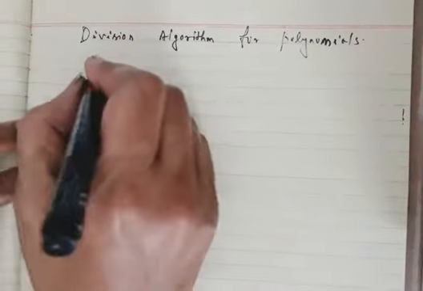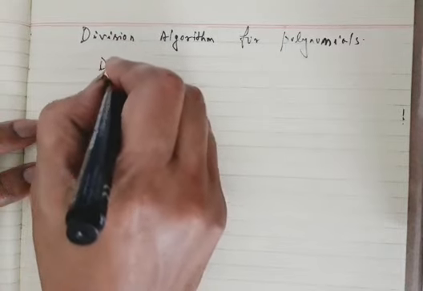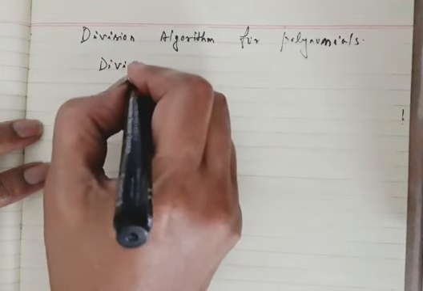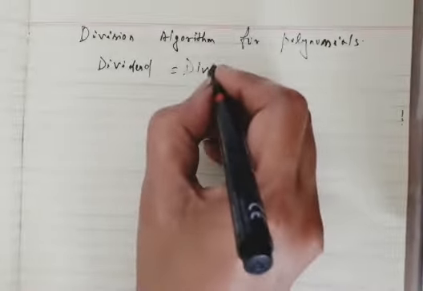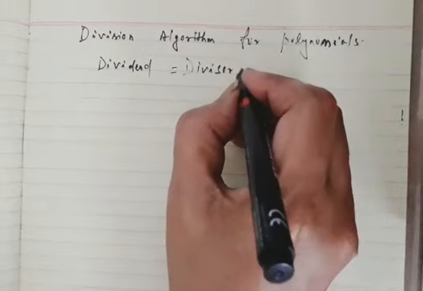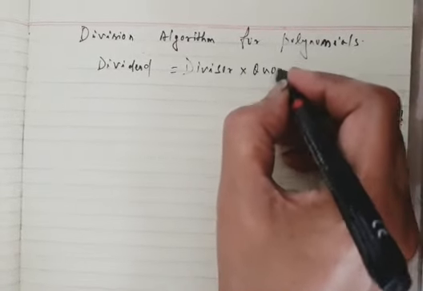So you all know dividend is equal to divisor into quotient plus remainder. You all know this.